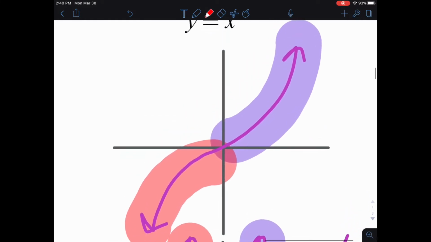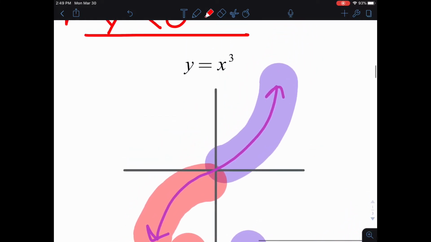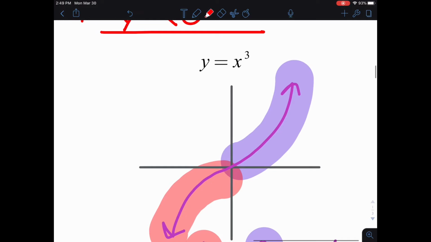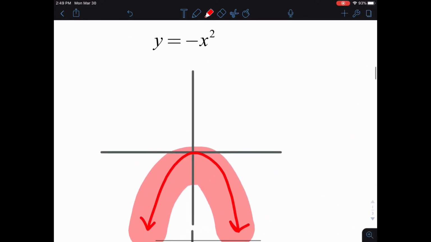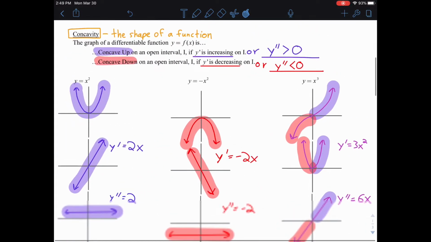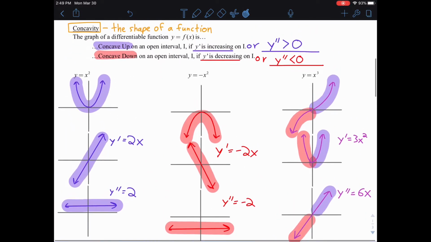So if I look at the left half of x cubed here, it has the same shape as the left half of negative x squared. So y equals x cubed is an example of a function where the concavity changes. A lot of the examples we're going to look at will have concavities that change.